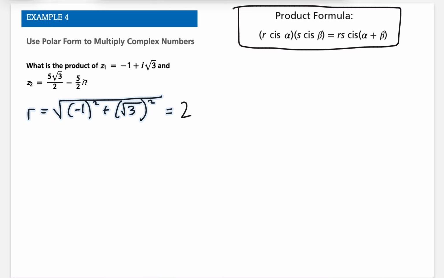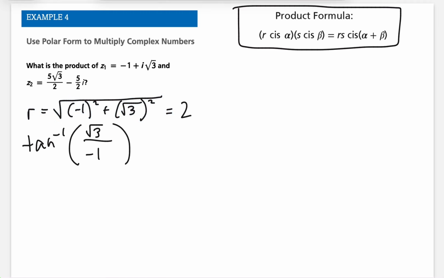And then to find theta, we're going to take the inverse tangent of square root of 3 over negative 1. Now, this is on the unit circle, so I don't need to use my calculator on this one.